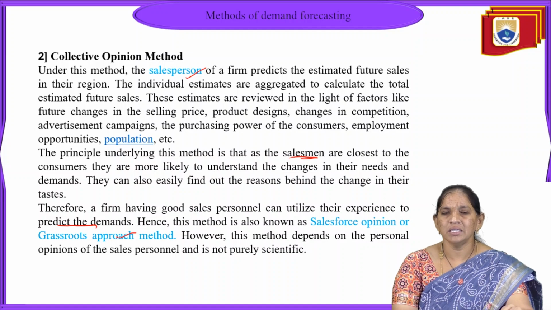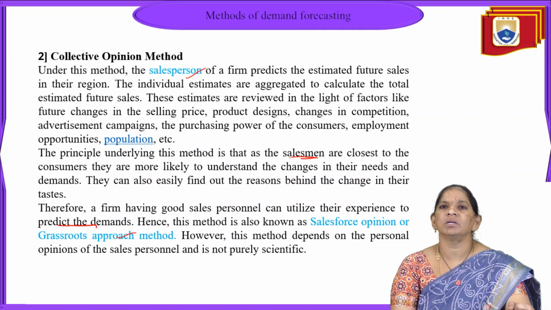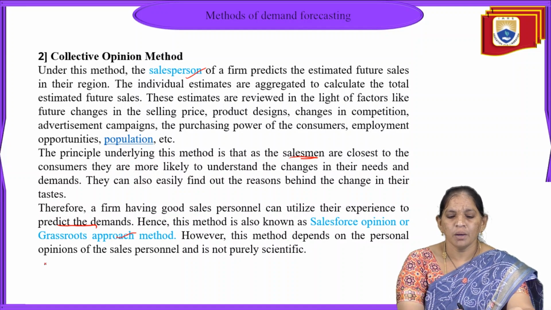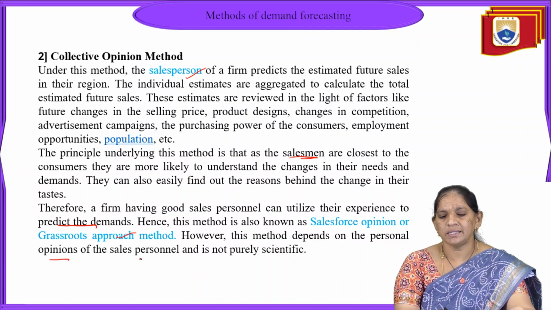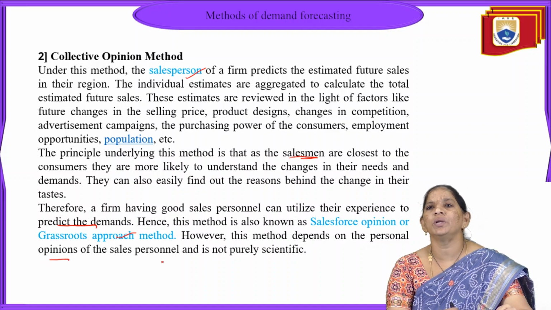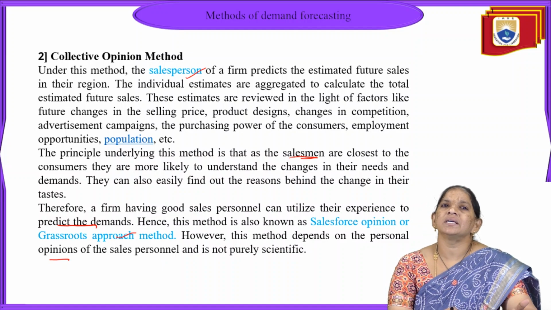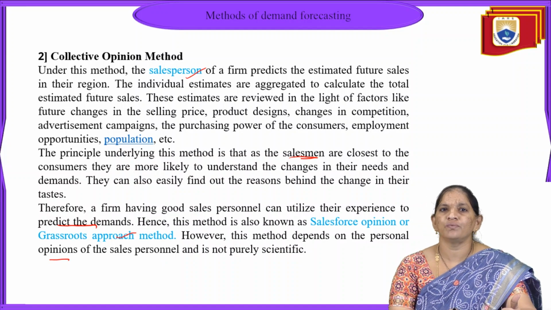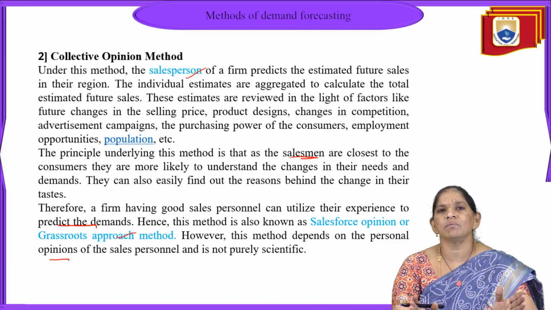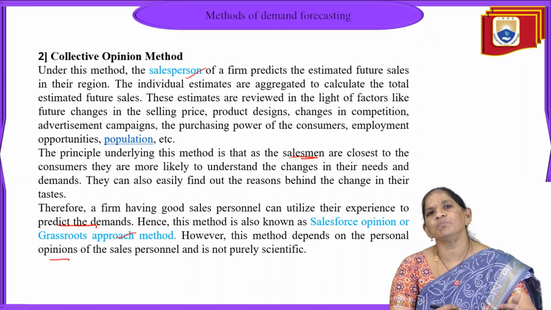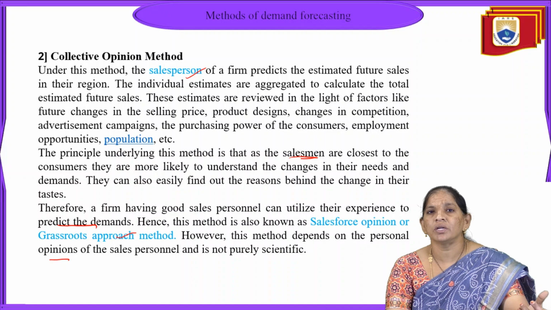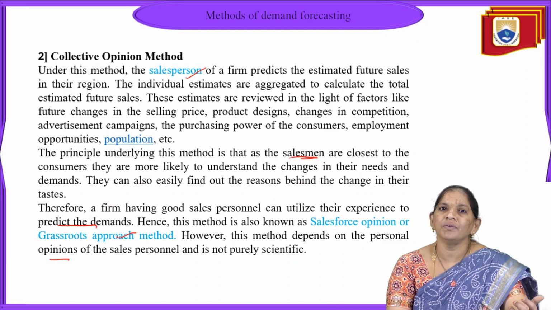At the same time, this collective opinion method also depends upon the personal opinions of the salespersons, and is not purely scientific. Total scientific methods are not followed here. Why? Because when the sales force and the customers come into contact, some people will give their personal ideas and personal opinions, such as that if this product is like this, it may be good, or we want this feature.